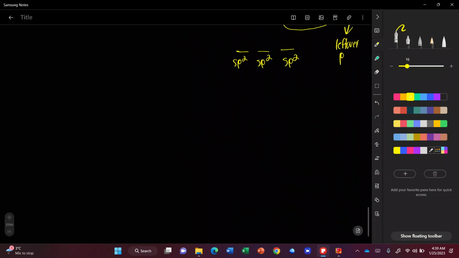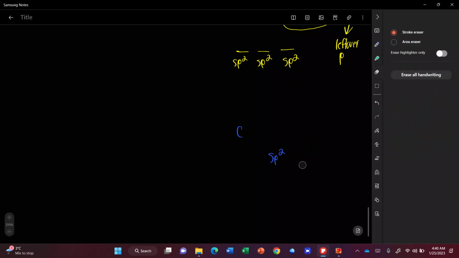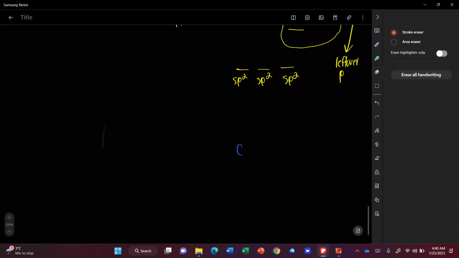So when you have a molecule of ethylene, you have the carbon, and again, I'm only going to draw one lobe. An sp2 orbital looks like this, where you have a top lobe and a tiny bottom lobe. The bottom lobe exists, it's not involved in bonding, so I'm not going to draw it, just technically know that it's there.